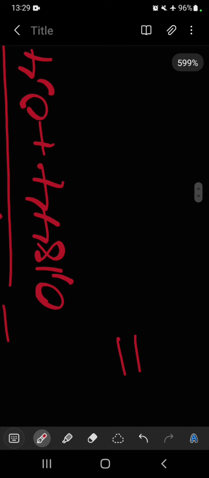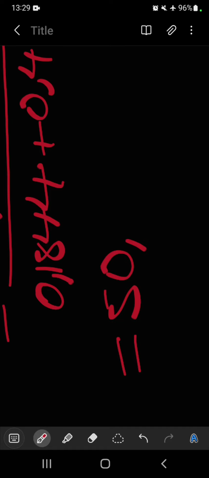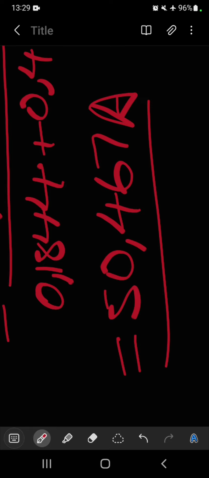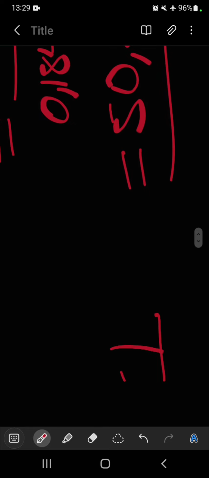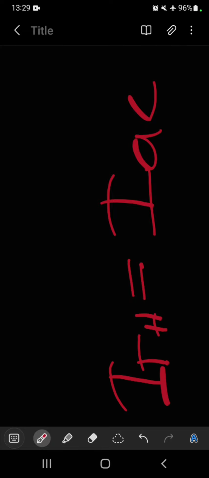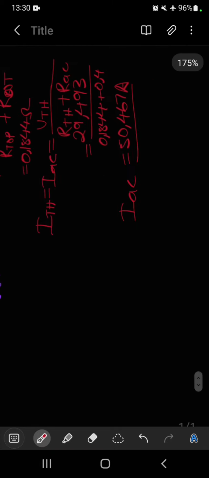So our first current is 50, let me say 50,467 amps. This is IAC, which is also known as I Thevenin. Right? So I'm just gonna remove the Thevenin surname and just leave it as IAC, because that's what I'm interested in.